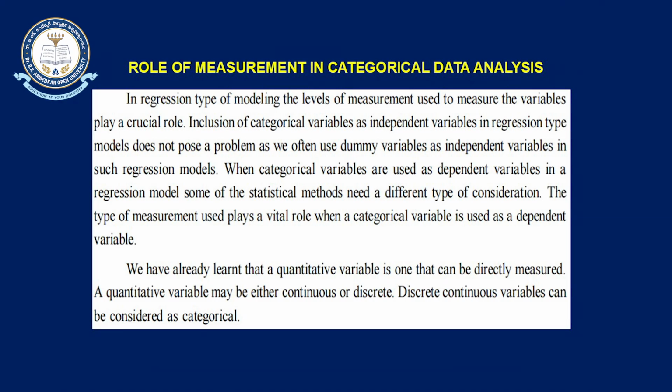Here regression type is also one of the levels of measurement used for measuring the variables. We have different kinds of discrete and continuous variables that can be considered for categorical data analysis, directly measured for the qualitative. Simply remember that qualitative variables may be either continuous or discrete. These measures play an important role in categorical data analysis.